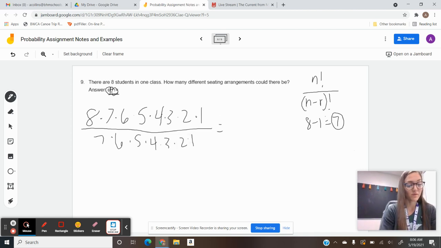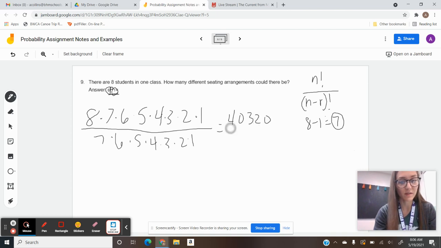Okay, if you've done math before, you might already know the answer, but we'll go through it because we need to practice with factorials. So I'm typing in 8 times 7 times 6 times 5 times 4 times 3 times 2 times 1, everything that's on the top. And I get a really big number, 40,320.